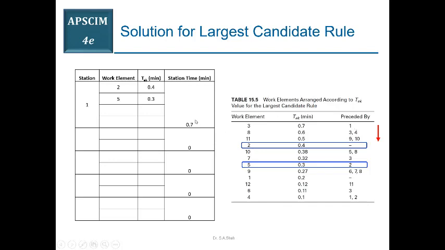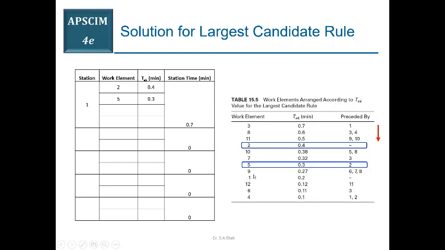So now we have a time slot of 0.3. So simply look for the elements whose operational time is 0.3 or less than 0.3. Okay? So here your list is coming. Beneath that you can select some of the elements.